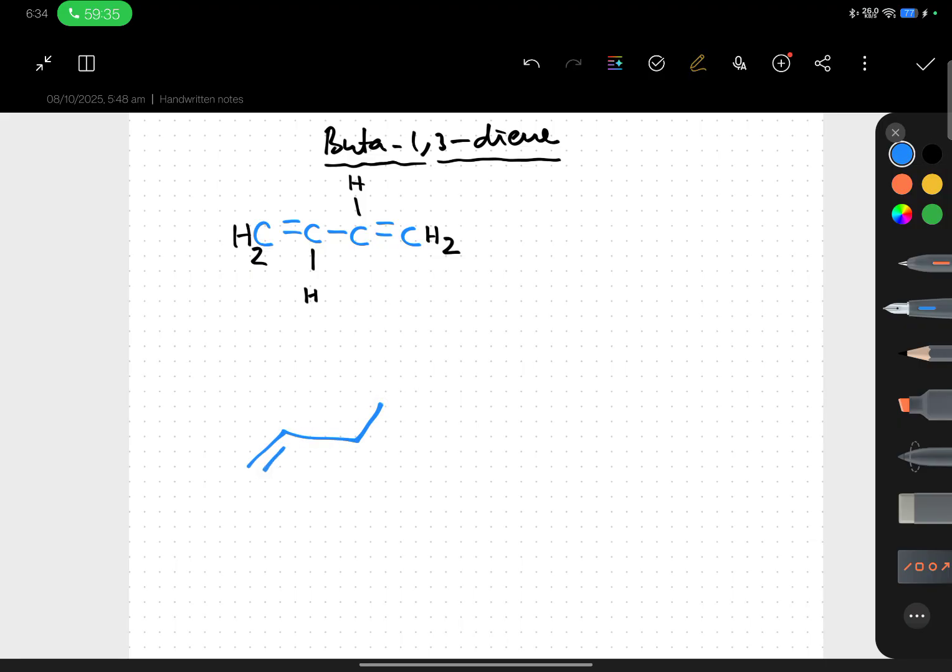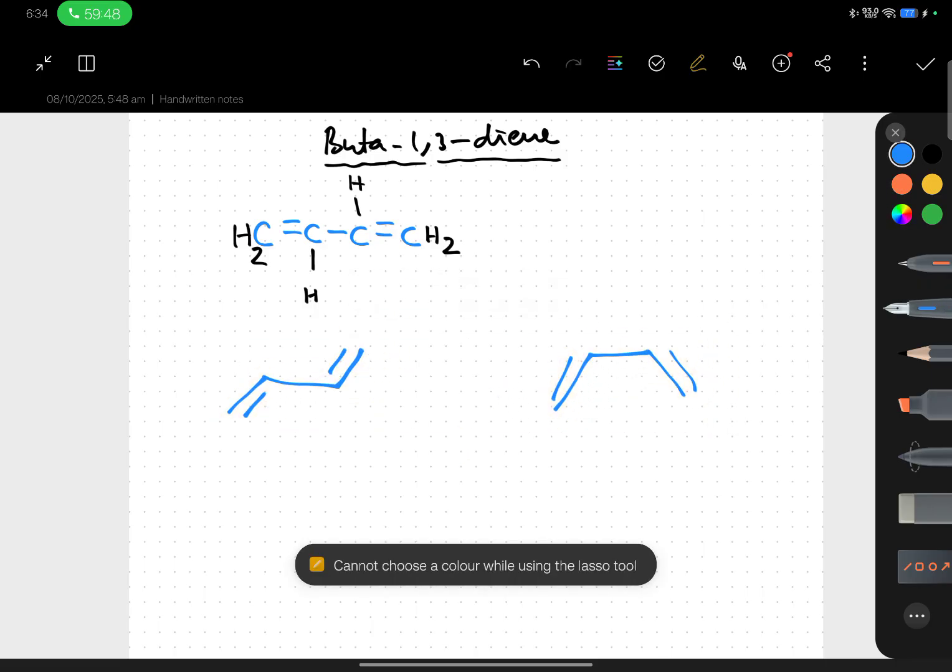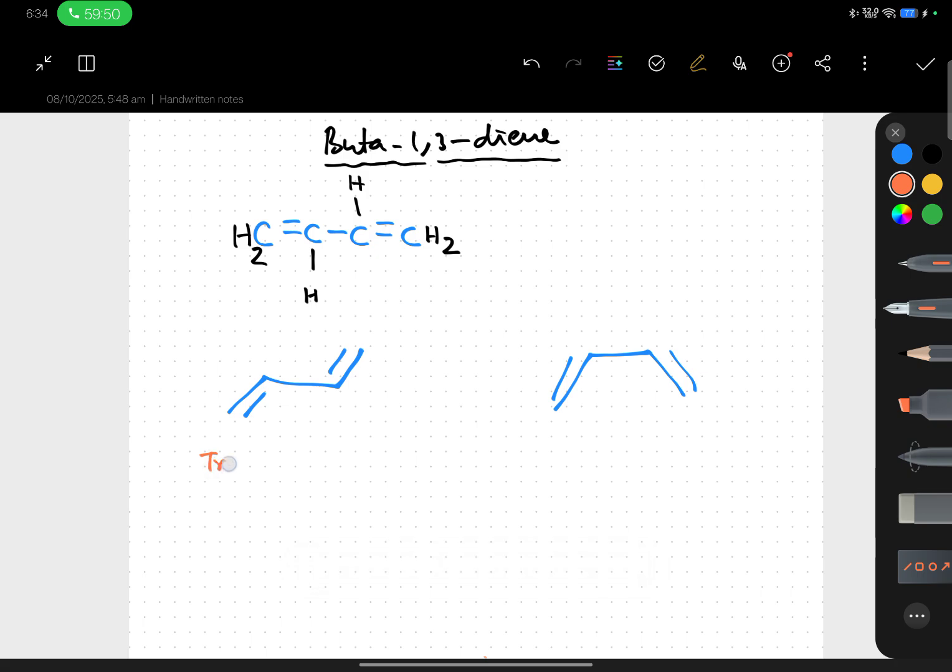So it can be either cis-butadiene or trans-butadiene. I'm writing the bond line form. Trans-buta-1,3-diene. Cis-buta-1,3-diene.